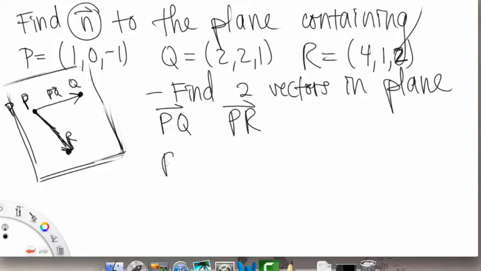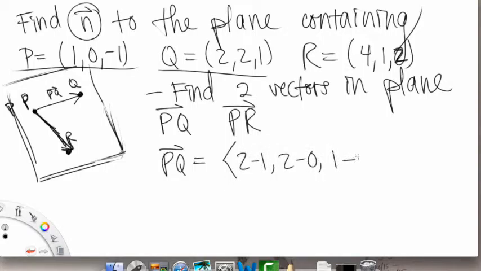So let's do this. To find PQ, we subtract the components of the endpoint, Q, minus the components of the point P. That's 2 minus 1 for the first one, 2 minus 0, and 1 minus a negative 1. That turns out to be 1, 2, 2.